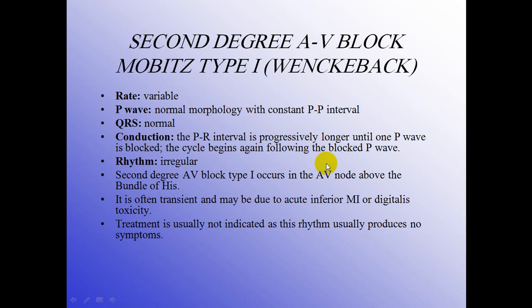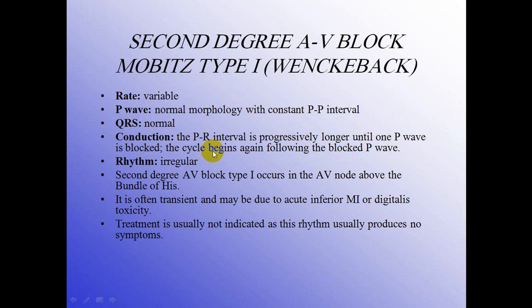While second degree AV block has two types. The first type is called Mobitz type 1 or Wenckebach phenomenon. What is the Wenckebach phenomenon? Rate is variable, P wave has normal morphology with a constant PP interval, QRS is normal, but the PR interval is progressively longer until a P wave is blocked, not conducted, not followed by a QRS complex.